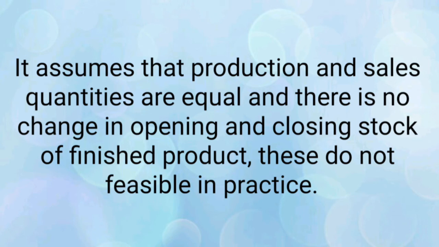So the opening stock is the amount of goods which we are having at the start of any financial year, or even during the accounting period, and that should be the same as the closing stock of the previous accounting period. And the closing stock is the amount of product which we are having in hand at the end of the reporting period.